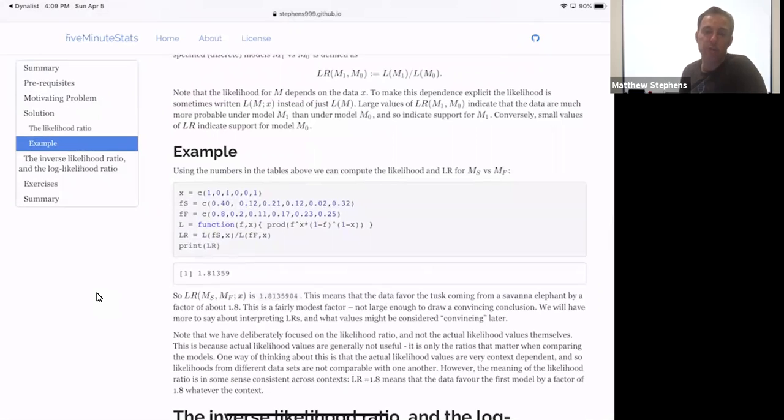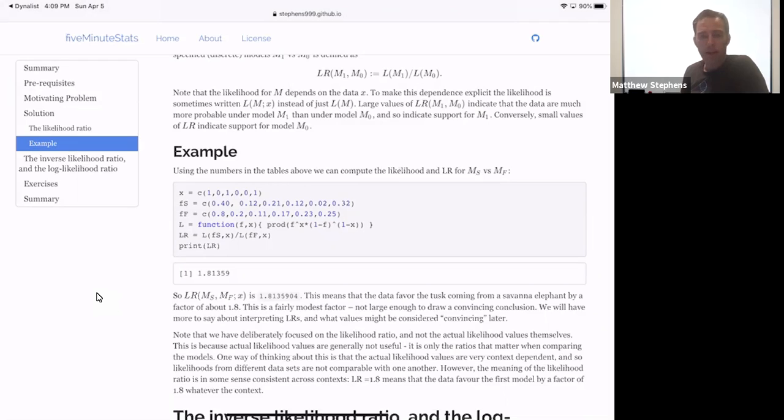This code would compute those 2 likelihoods L under the savanna frequencies and the forest frequencies for given data X. So these are using the numbers that we saw above and computing the likelihood ratio as just the ratio of those 2 likelihoods. And in this case, for these data and those allele frequency tables, that is for those models, we get a likelihood ratio of 1.8.